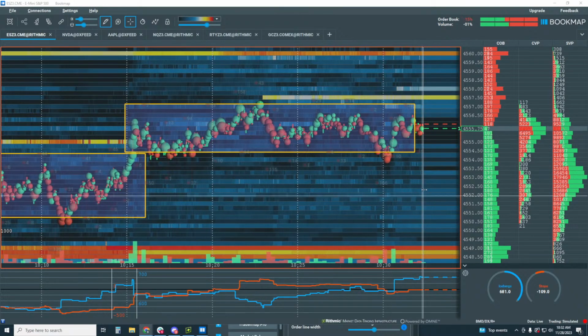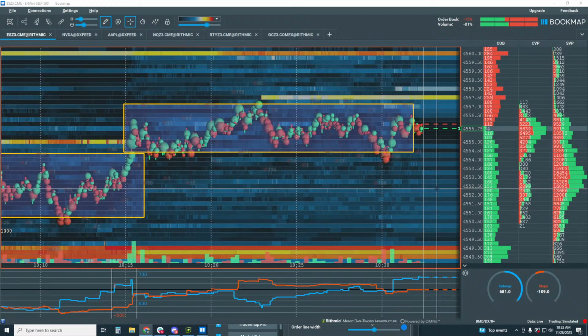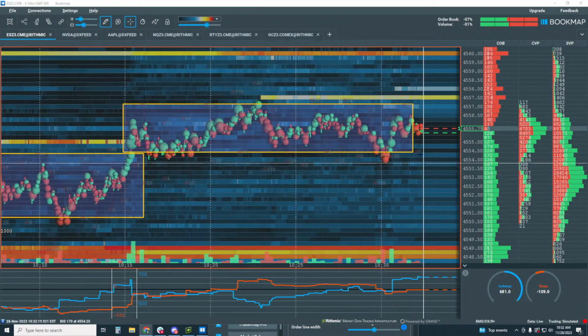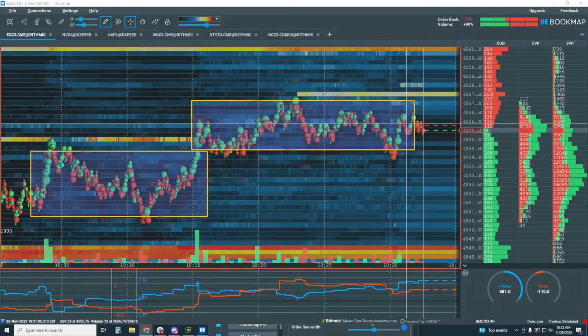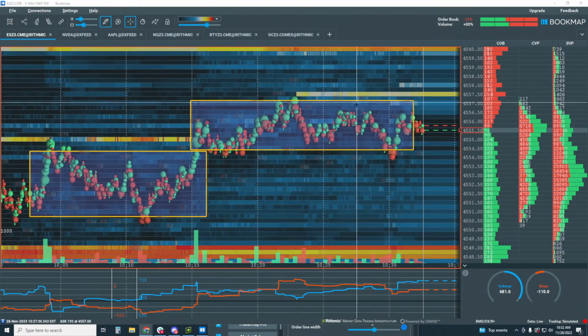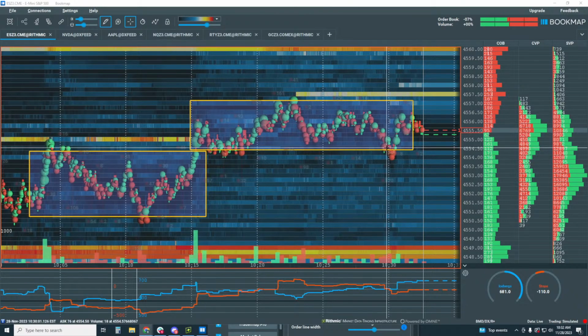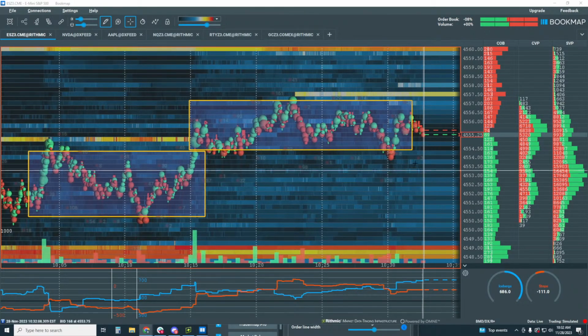Well, there's just kind of these shades of blue in these areas in here. It could be building though. We're seeing a little bit more and a little bit more. So maybe people are starting to think that this is pretty good value, and they are willing to be buyers a little bit lower in these areas here.